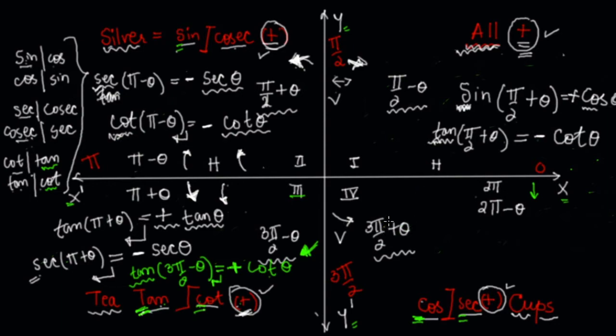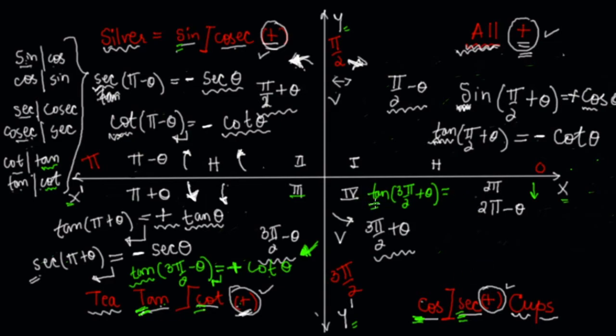Now 3 pi by 2 plus theta, this is jumping in the fourth quadrant. Now let's say I take the example of tan of 3 pi by 2 plus theta. Now there are two things here, one is sign and one is the value. Now, who is jumping in the fourth quadrant? It is tan. It is cos and sec. If they jump in the fourth quadrant, then only the final outcome is positive, right?